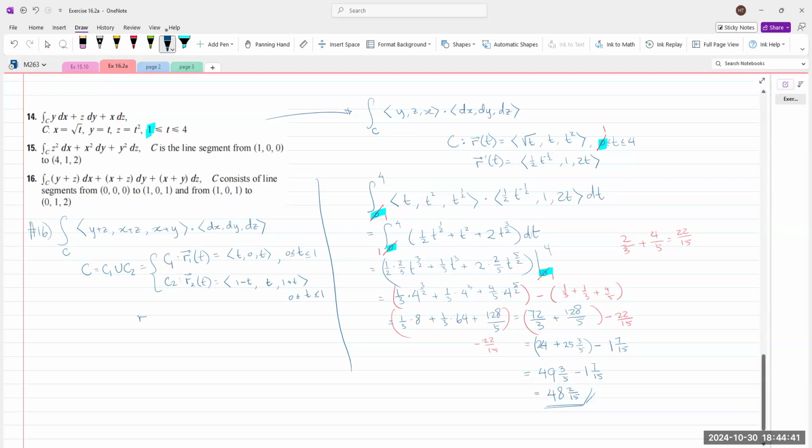So r1 prime t will be (1, 0, 1). r2 prime t will be (negative 1, 1, 1).